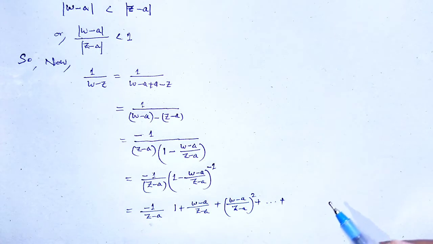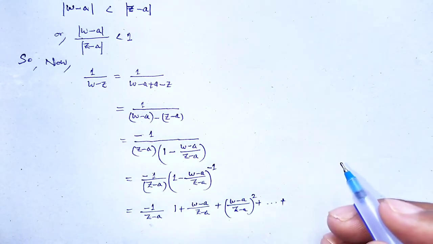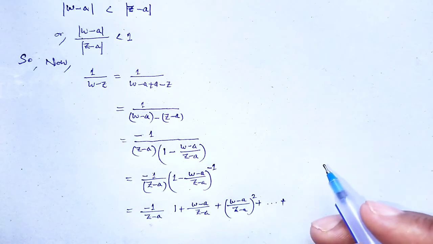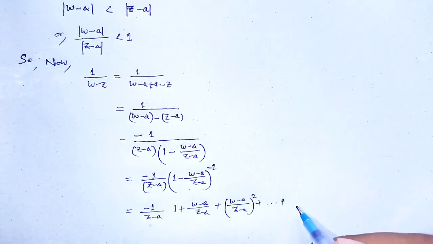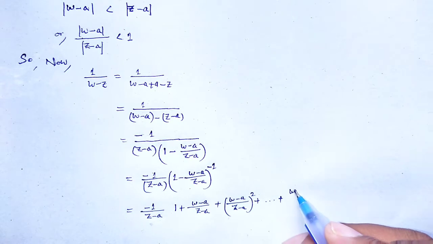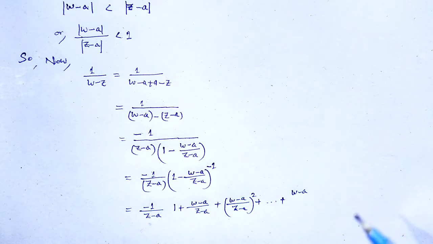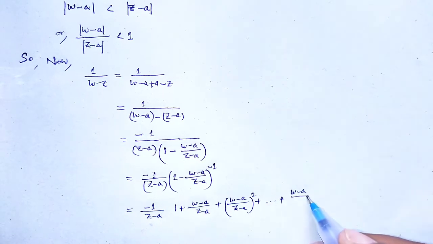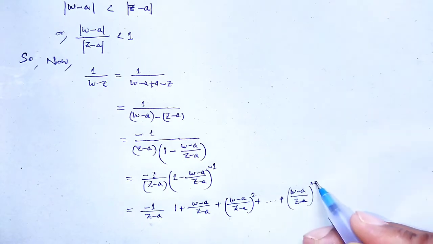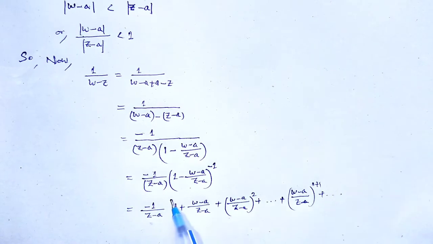up to, it is continued as ((w minus a) divided by (z minus a)) to the power n plus 1 plus dot dot dot.